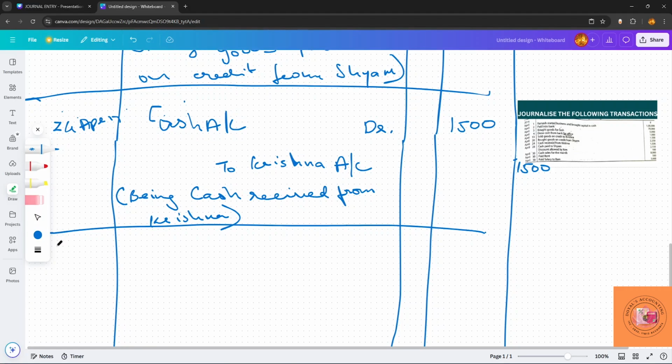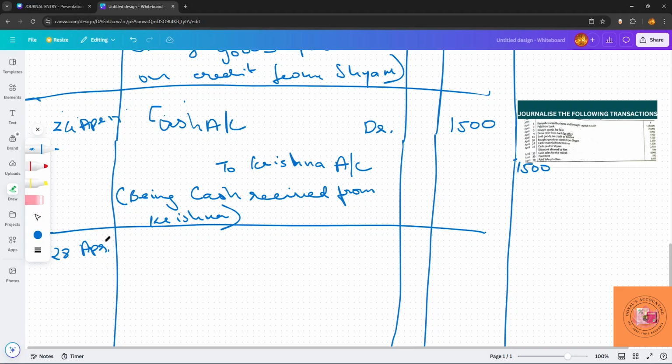Now the next transaction is cash paid to Shyam rupees 2150, and discount allowed by him rupees 100. So in this case, Shyam is giving us a discount. Now, discount, the company is receiving discount. So that makes it a gain.